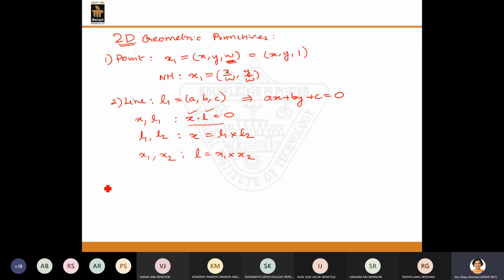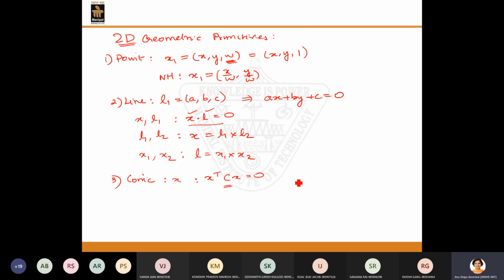And the next primitive that we considered was the conic, right? Here also, similarly, if there is a point x which is lying on a conic, then we can say that it satisfies the equation x transpose C x is equal to 0, where this C is what you call the conic coefficient matrix, right?